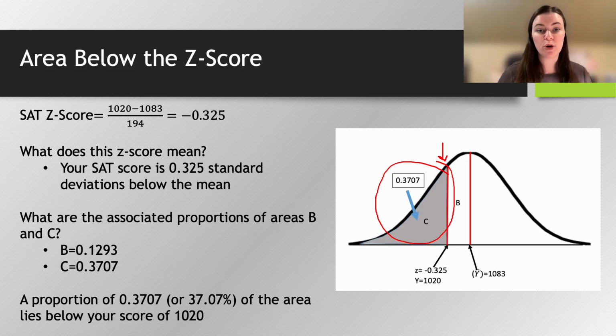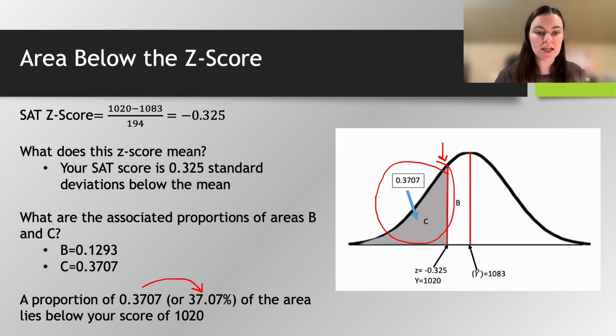Remember that a proportion can easily be converted into a percentage by just multiplying that value by 100. That's the only thing we're doing to convert our proportion value of 0.3707 to a percentage value of 37.07. So in other words, we can say that we scored better than 37.07% of test takers. Another way we could phrase that is that 37.07% of test takers did worse than us.